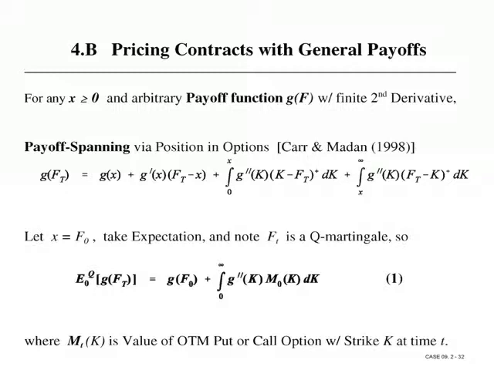Well, you know you have spectral representation theorems that say any smooth function can be written as an infinite linear combination of cosines and sine functions. It's essentially the same type of theorem. It just says that any smooth function can be seen as a weighted average of all these different put and call payoffs. Okay, so you've got to buy that.